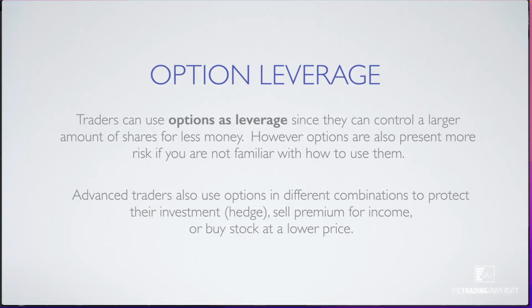We're talking about buy to open, but advanced traders also use options in different combinations to protect their investment in a hedge. You can sell premium for income. You can sell puts to get a stock at a lower price.